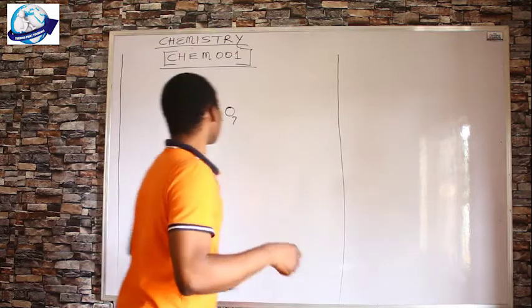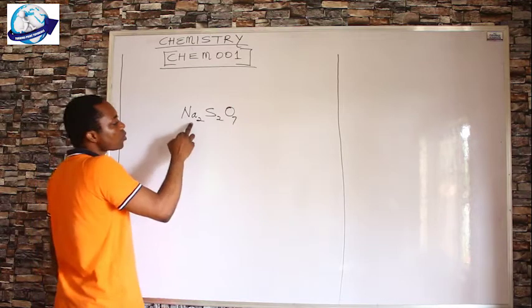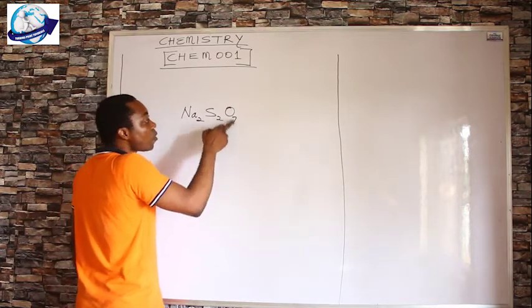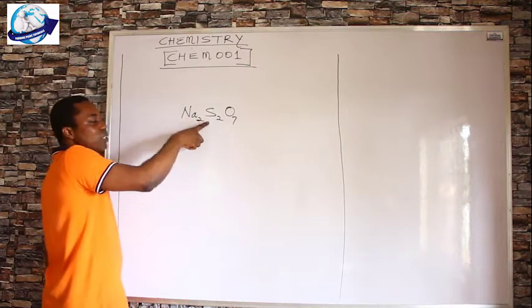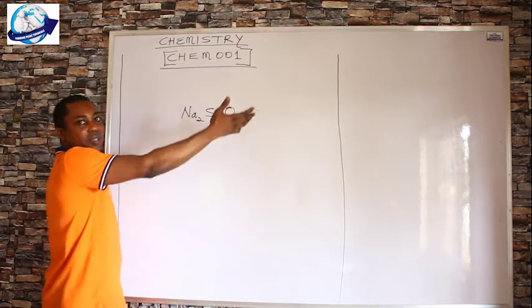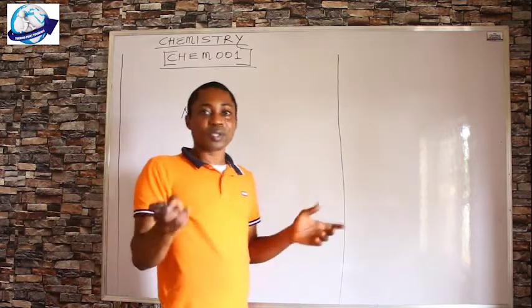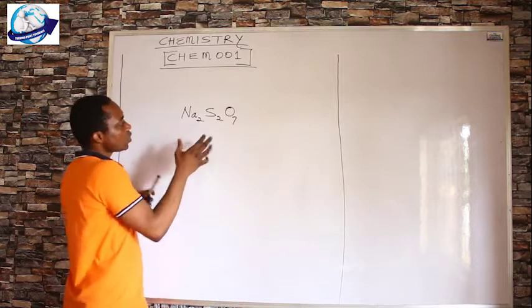To call this one, you can say sodium heptaoxo, then sulfate something. But how can you call the other part of the name when you don't know the oxidation number? That's another problem. So let's see here.